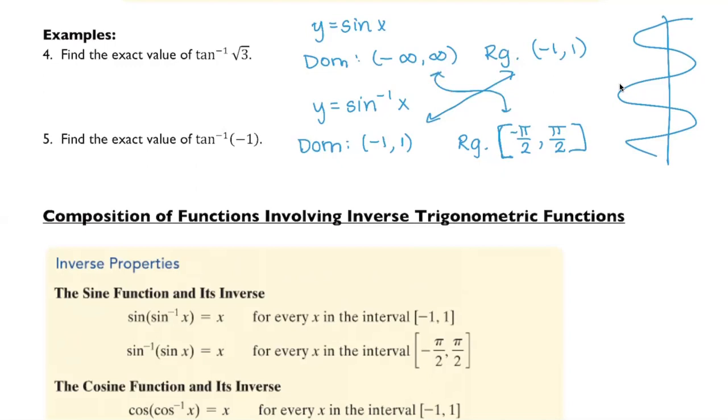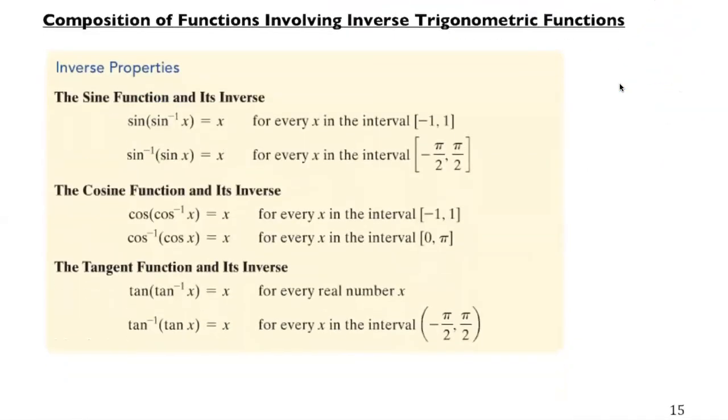But remember, the inverse relationship is that the range of the original function becomes the domain of the inverse. So that is where this information comes from. The sine and the sine inverse only undo each other if it fits the domain and the range that we need.